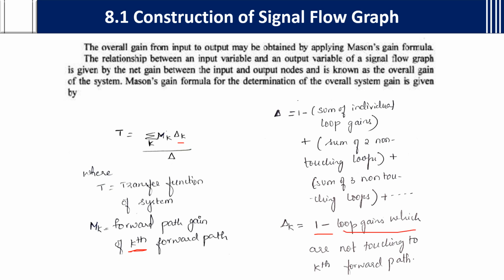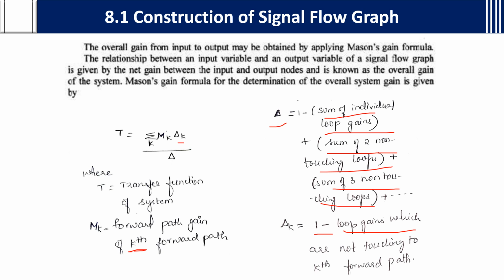Then delta is 1 minus the sum of all the individual loop gains, plus the sum of products of 2 non-touching loops, minus the sum of 3 non-touching loops, and so on. Non-touching loops means there should not be a common node between them, as I explained previously.